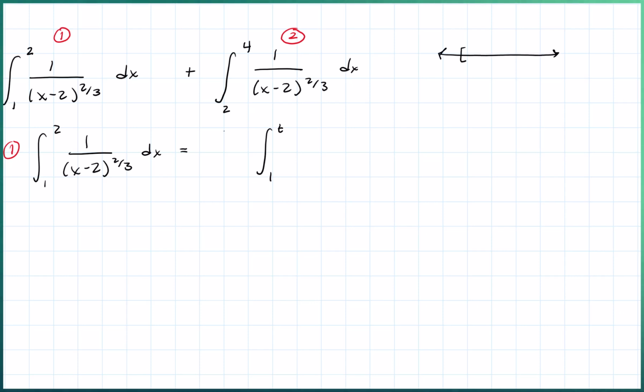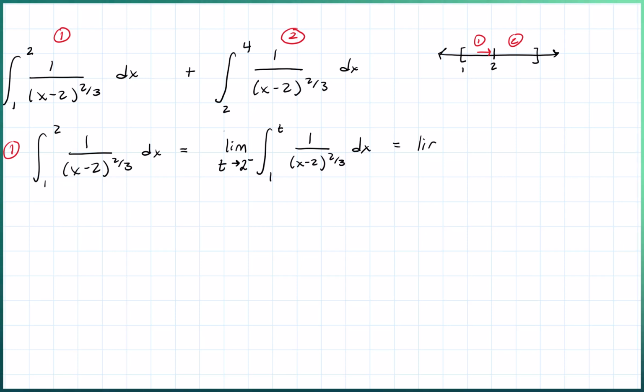We're thinking of this from 1 to 4, and here's 2, and we're splitting this up into 2 intervals. On the first one, we're going to be approaching 2 from the left side. So on this one, we're replacing the 2 with t. We're taking the limit as t is approaching 2 from the left, and we've got 1 over x minus 2 to the 2/3 dx.